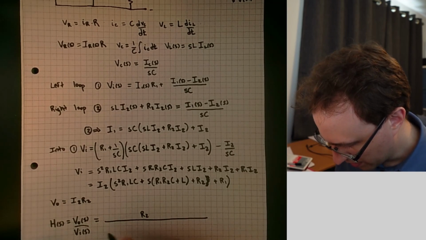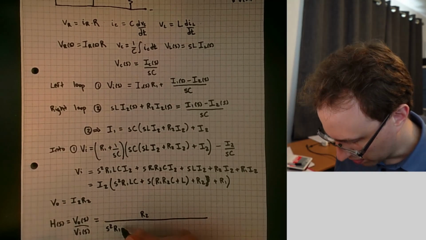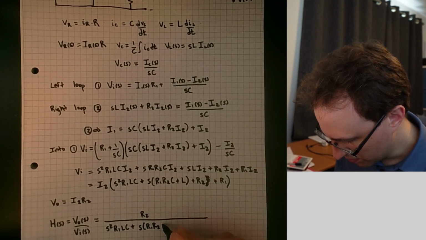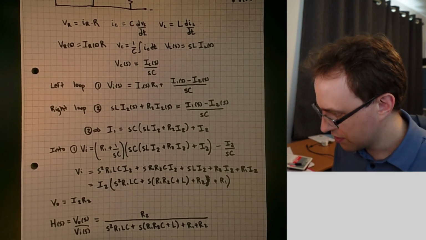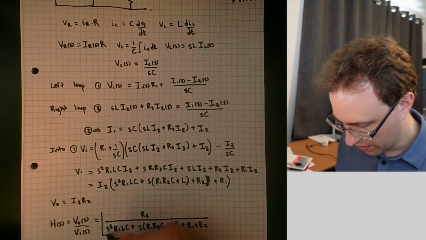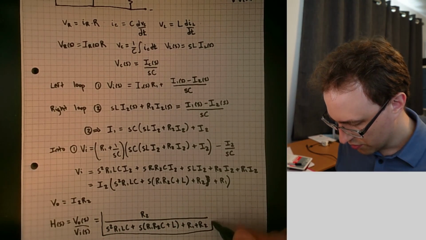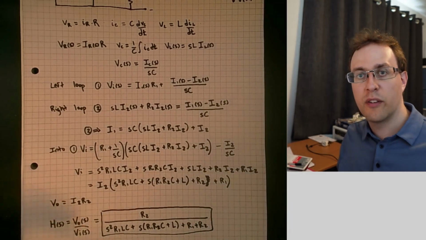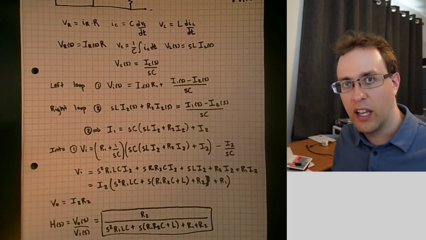Then in the denominator, we will have S squared R1 LC plus S times R1 R2 C plus L plus R1 plus R2. And that is our S domain transfer function that we can then use for any kind of input to find the corresponding output signal.